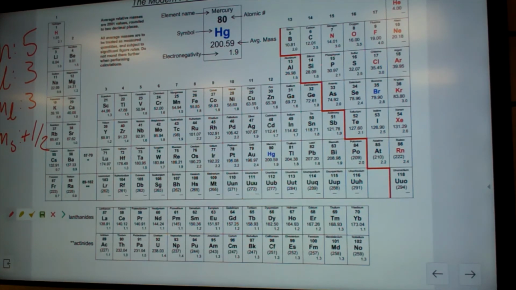What you're going to do is use this information and find your element.